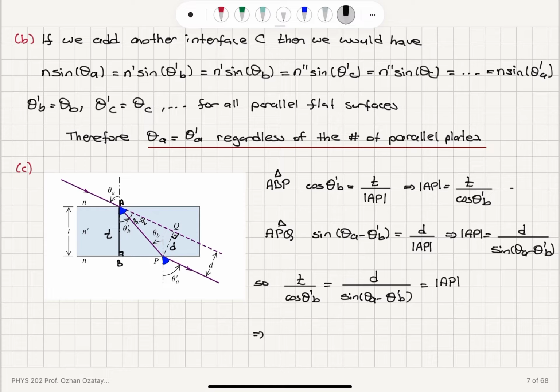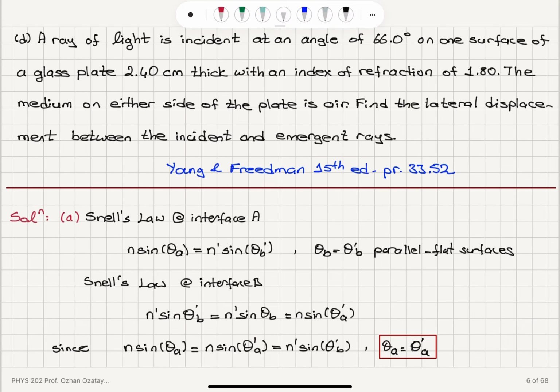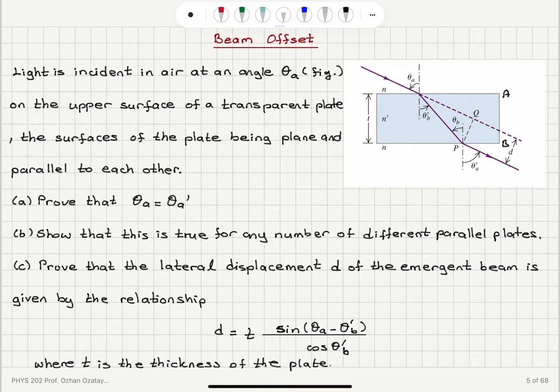So the offset distance is T multiplied by sine theta A minus theta prime B divided by cosine theta prime B, which is what we were supposed to show.